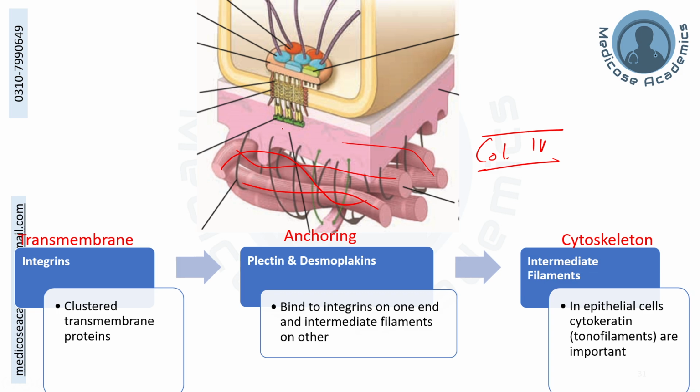This is attached to laminins, the ones shown here, and laminins then, through various proteoglycans like perlecan and nidogen, get attached to the collagen type 4. So that is how hemidesmosomes connect extracellularly to the basement membrane through laminins, and intracellularly through anchoring proteins they get attached to the intermediate filaments.